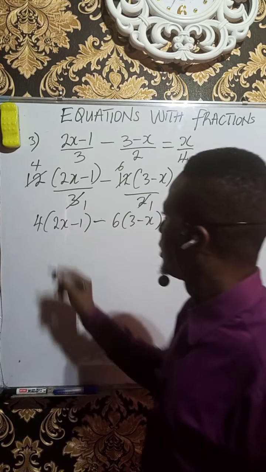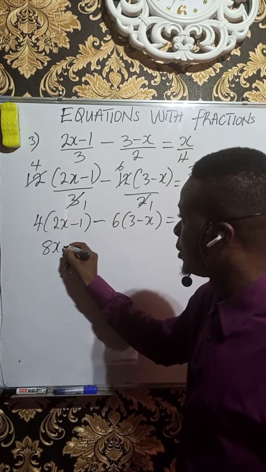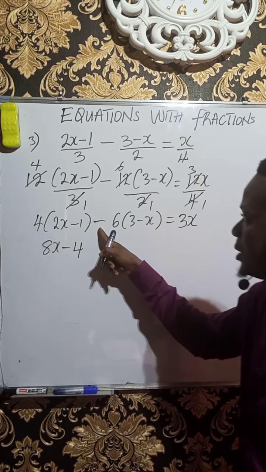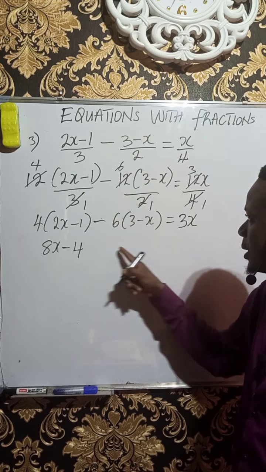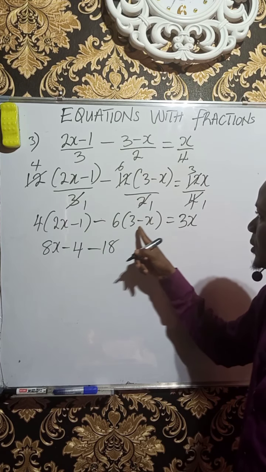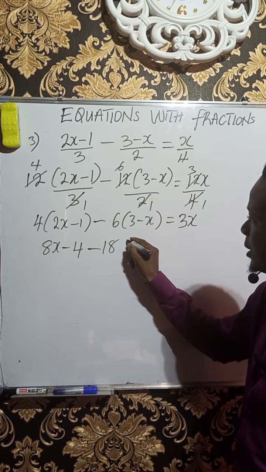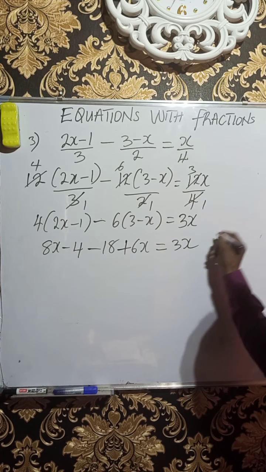Now you open the bracket, you have 4 times 2x is 8x, 4 times negative 1 is negative 4. Now this is not just 6 but negative 6, so you've got to use negative 6 to open this bracket. Negative 6 times 3 is negative 18, negative 6 times negative x, negative negative is positive 6x, equals 3x.